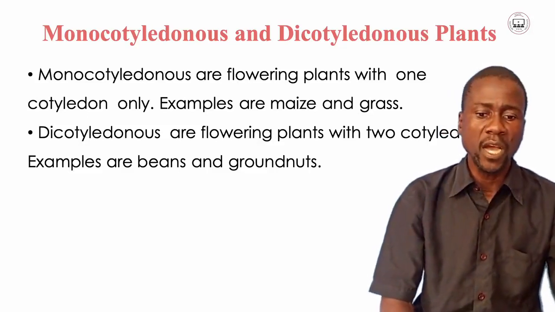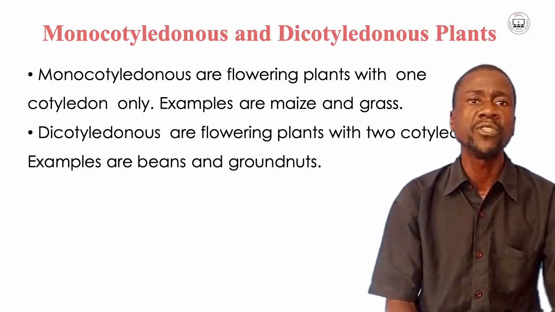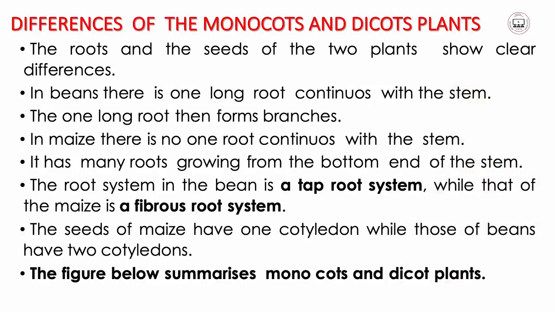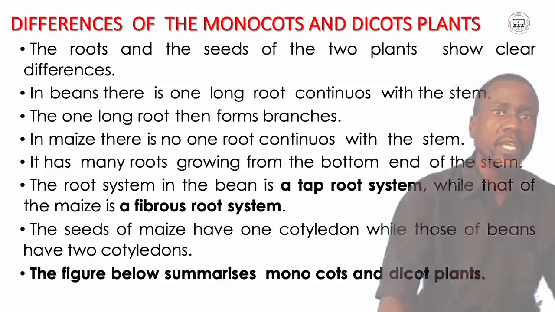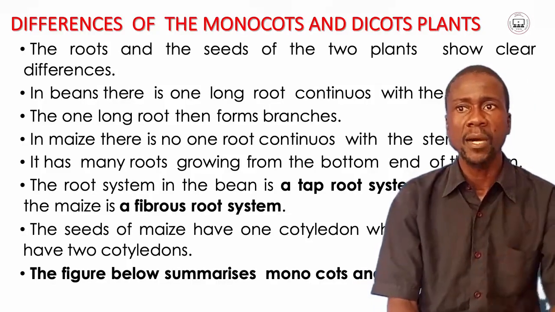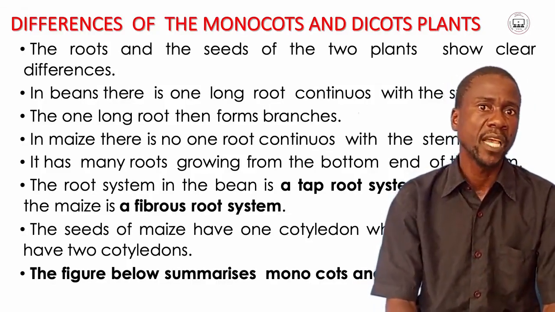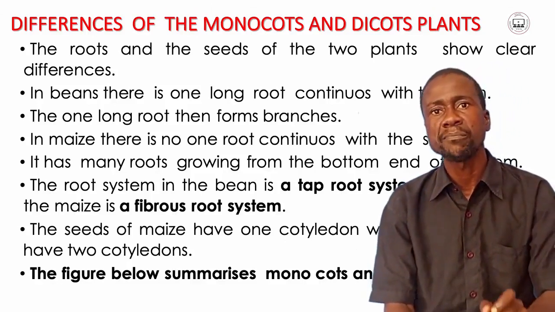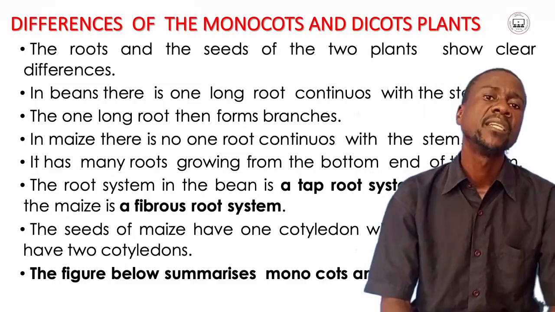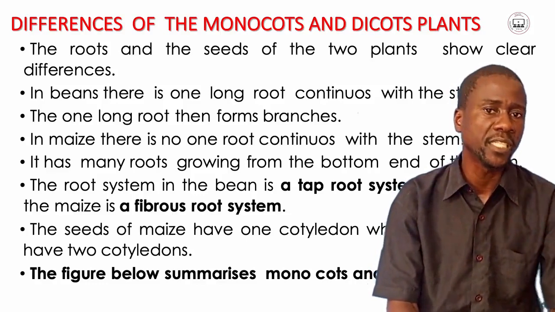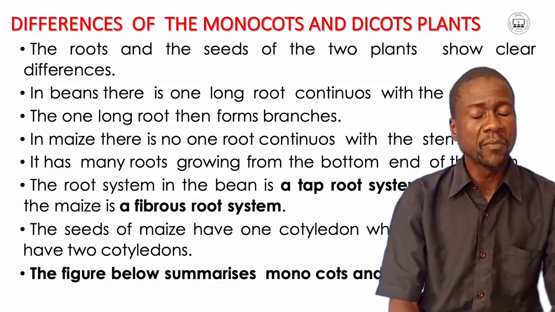So here is where we look into how you can differentiate the monocotyledonous and the dicotyledonous plants. Now here are the differences of the monocots and the dicots. So if you went into an environment where you uprooted some of the plants, I feel you have uprooted at least a maize plant, and then maybe you have also uprooted a bean plant.